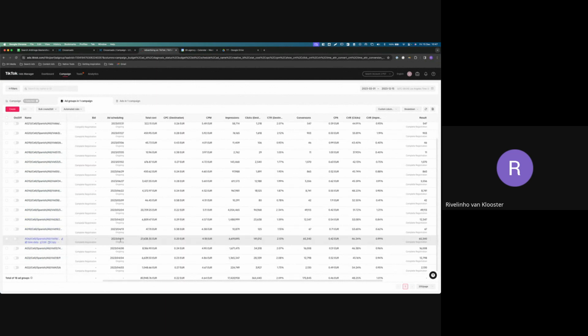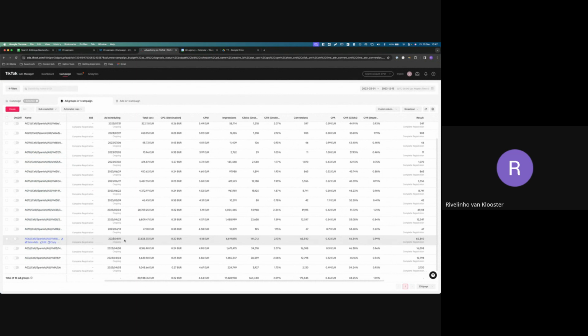So I'm going to test out this one, and I'm going to tell you why. It's basically because this together with this is like the lowest CPA, but then you're going to wonder, why do you not turn on this one? Yes, the conversion rate is higher. However, CTR is almost the same, and the CPC is a little bit lower, right? 2 cents lower.